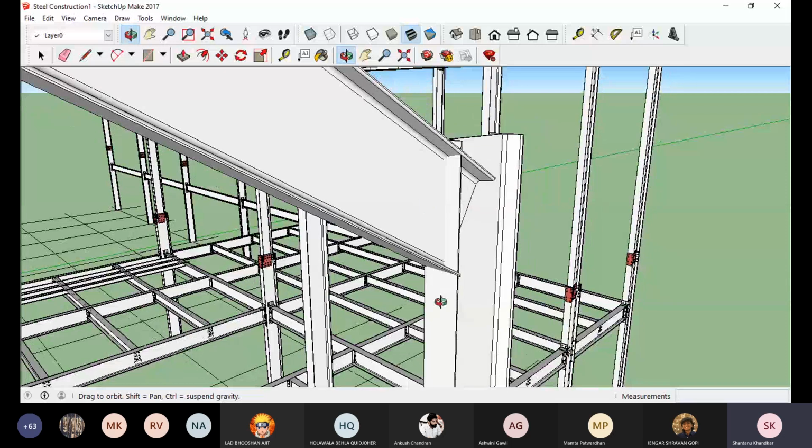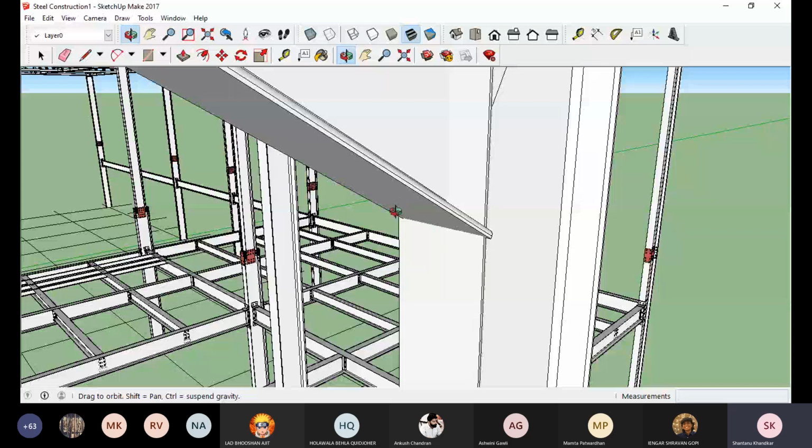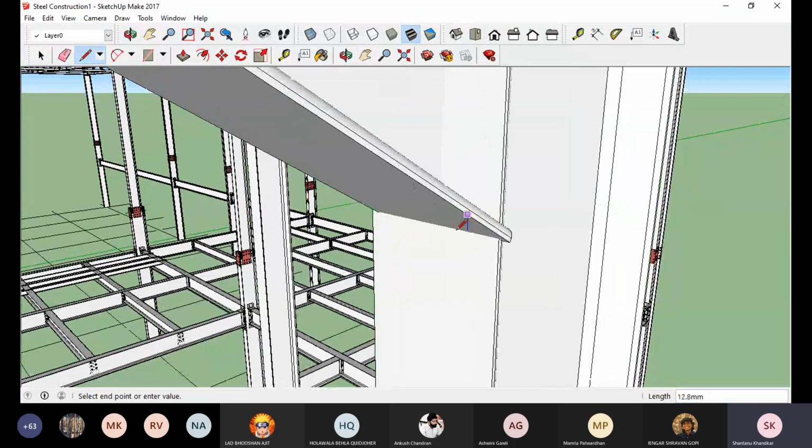Now as far as this portion is concerned, there you have to build up a cleat. There you would have two different plates which would go at different angles. So you would have maybe one plate that goes like this.